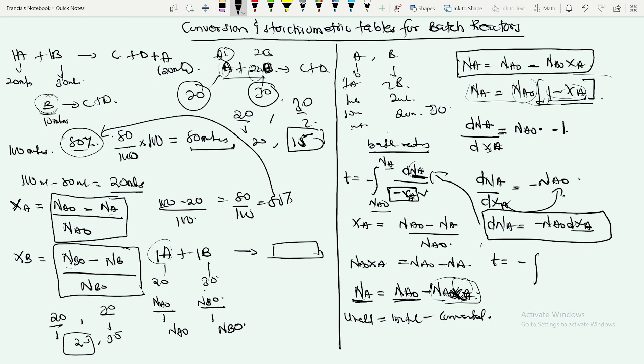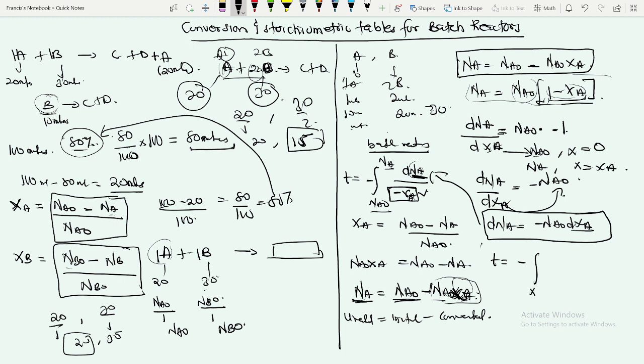However, to change the limits, we know that at Na naught, which is initial moles of A present, our conversion will be 0, right? Because if there is no conversion, that's when you actually get the moles of A initially present. And then at Na, our conversion is at a certain conversion, Xa, right?